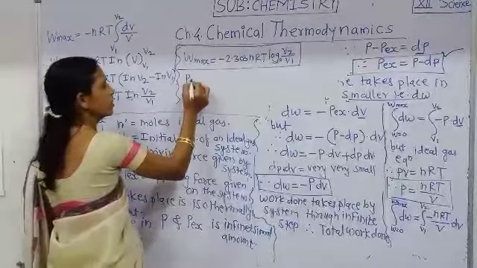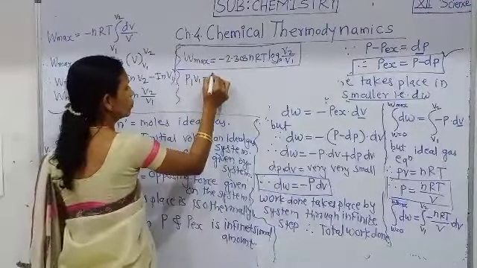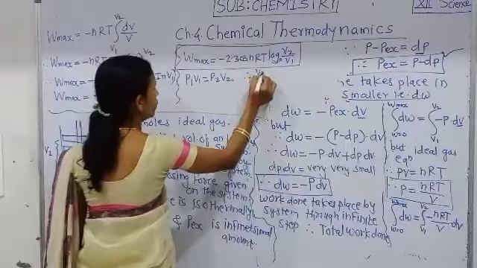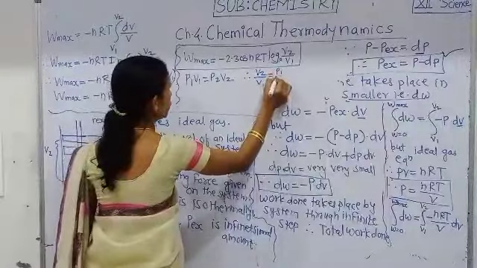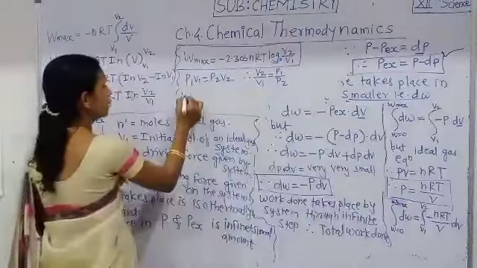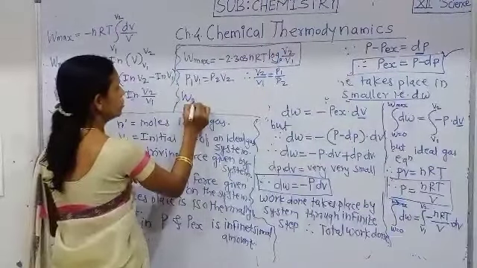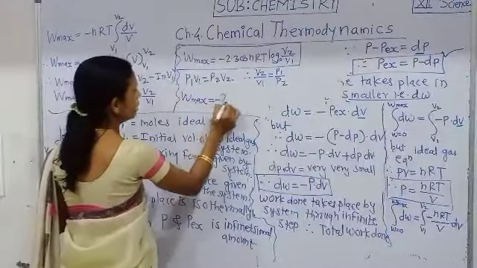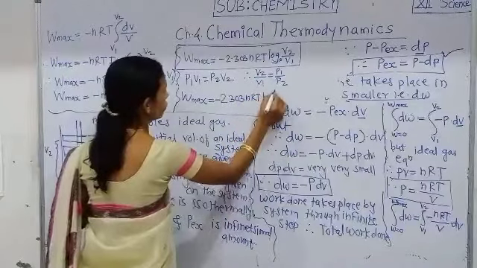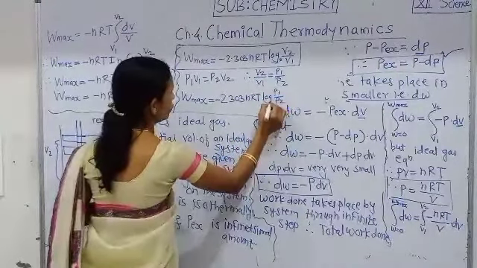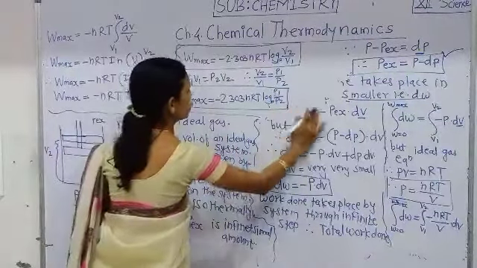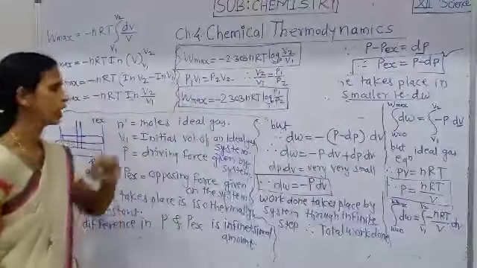But here P1 V1 is equal to P2 V2, and therefore V2 upon V1 is P1 upon P2. Putting the value of V2 upon V1, we get W max is equal to minus 2.303 nRT log of P1 upon P2 to the base 10. That is the mathematical expression for that W max.